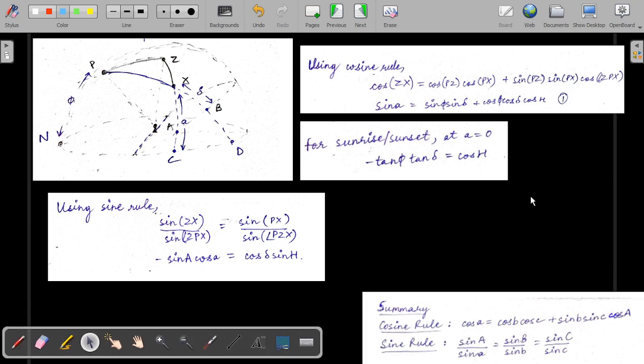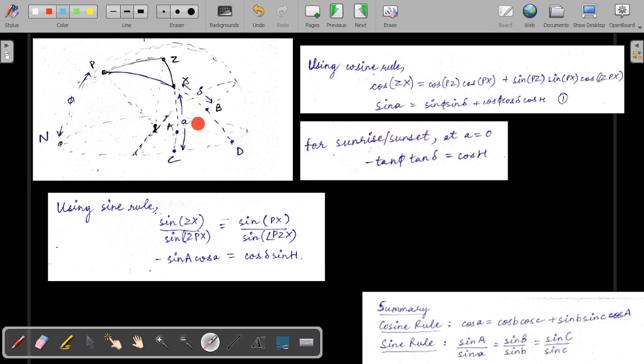Right. So you can use the cosine rule on the arc ZX, and you can write cosine of ZX is equal to cosine of PZ times cosine of PX plus sine of PZ times sine of PX times the cosine of the spherical angle opposite to ZX, which is just the hour angle.